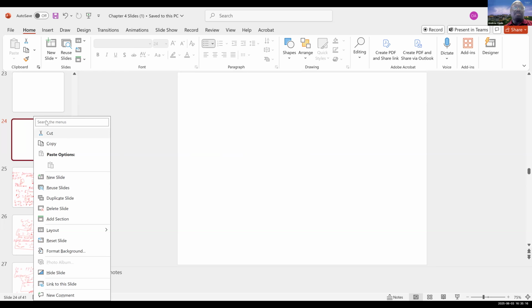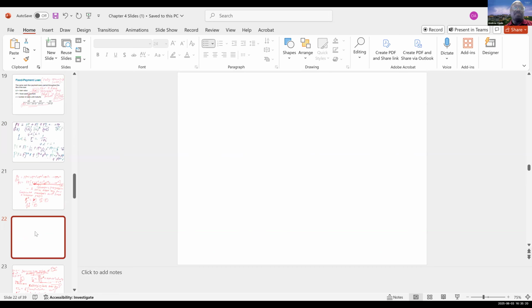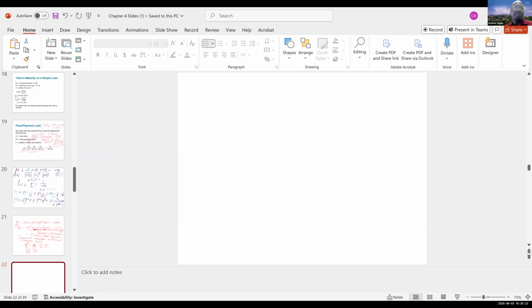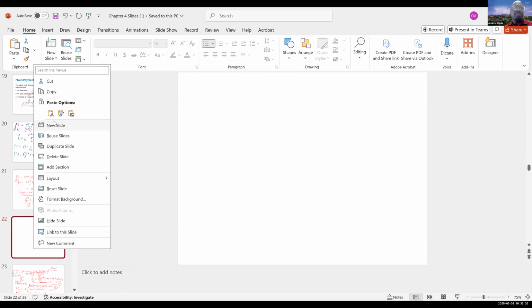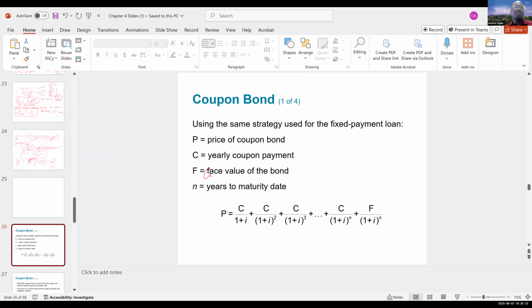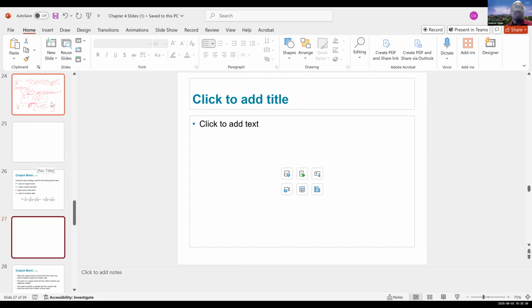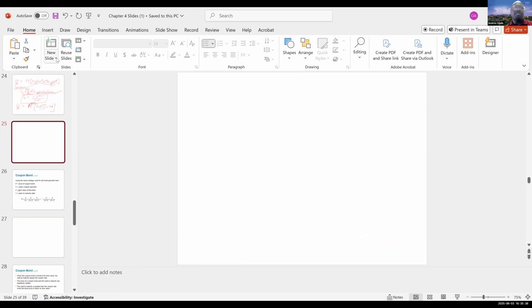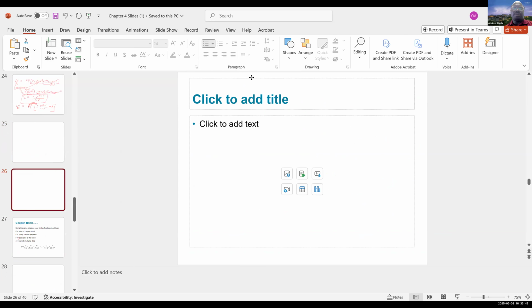Cut. Okay, so we have this at the bottom. Let's create one more. Okay, now it's working better. One more.